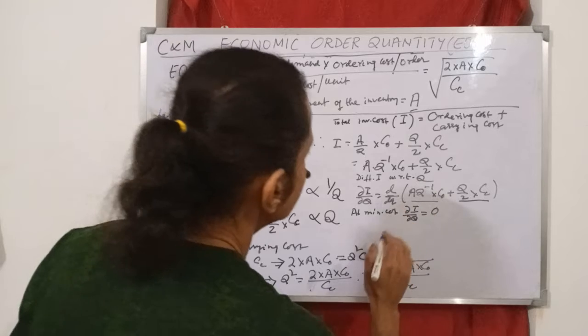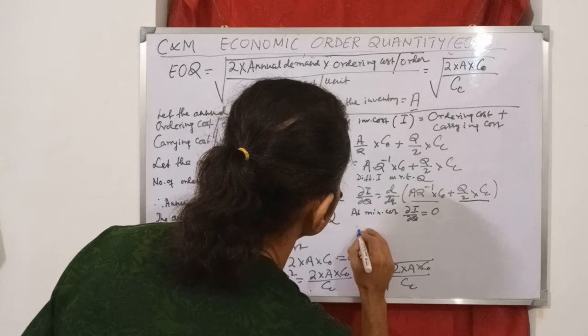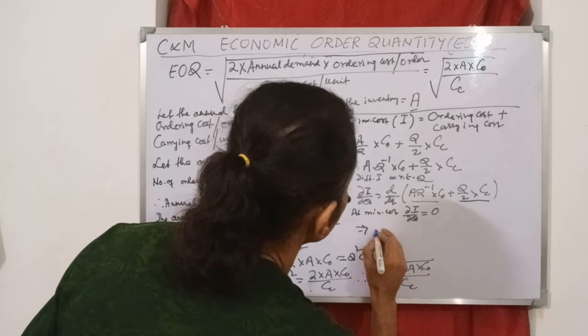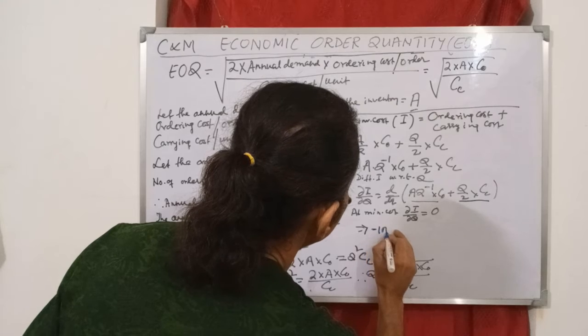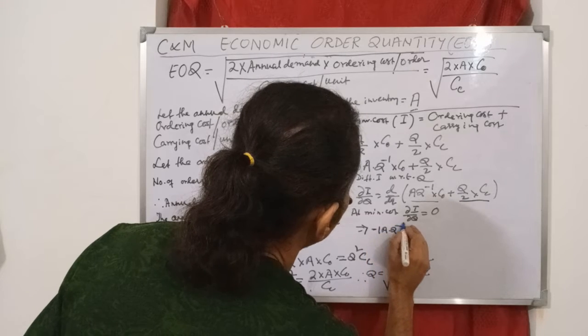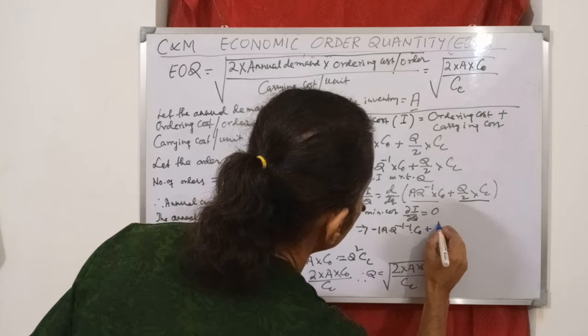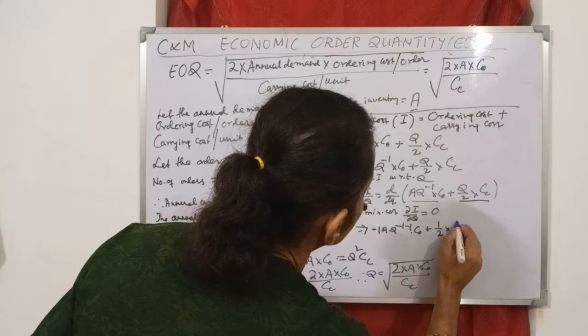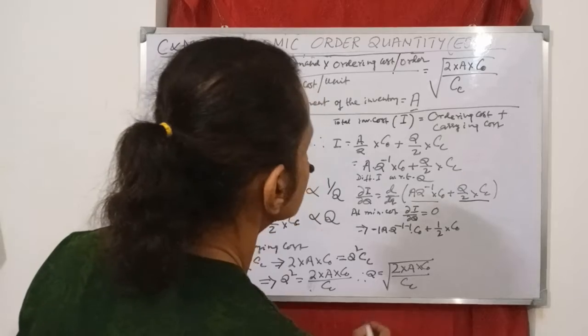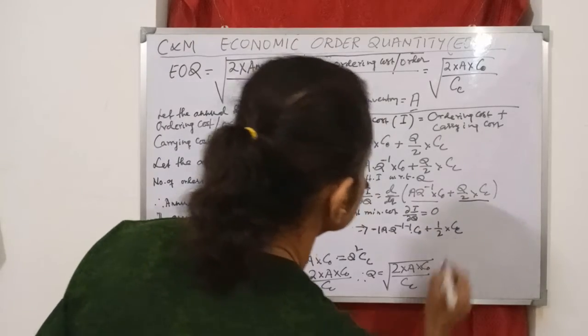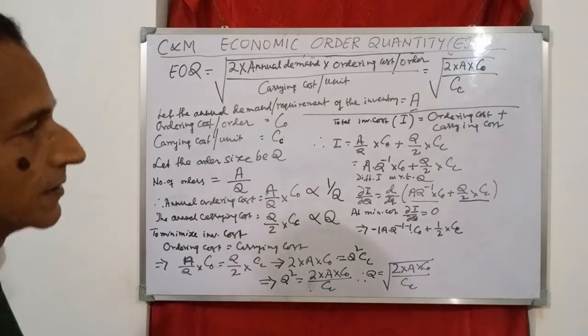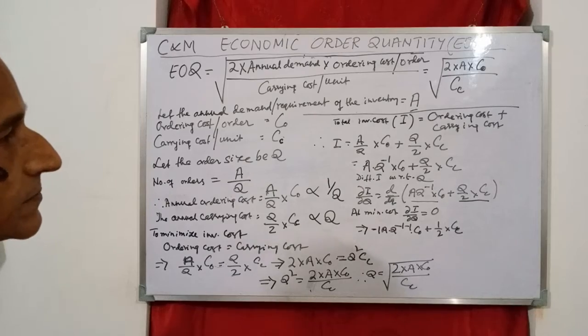So we differentiate this, what we get? Minus 1 A into Q to the power minus 2 into C sub O plus half into C sub C. Right?